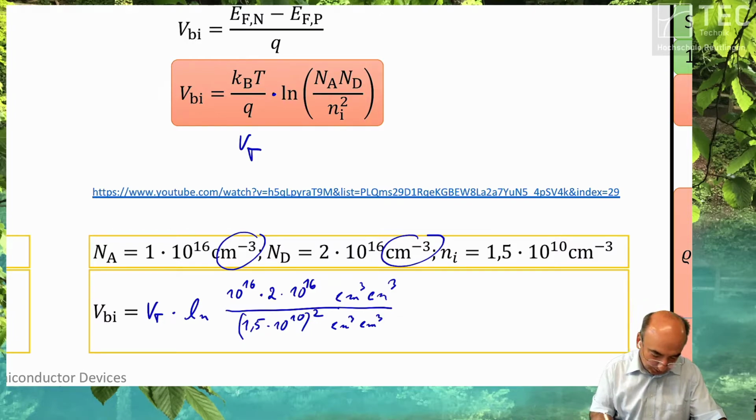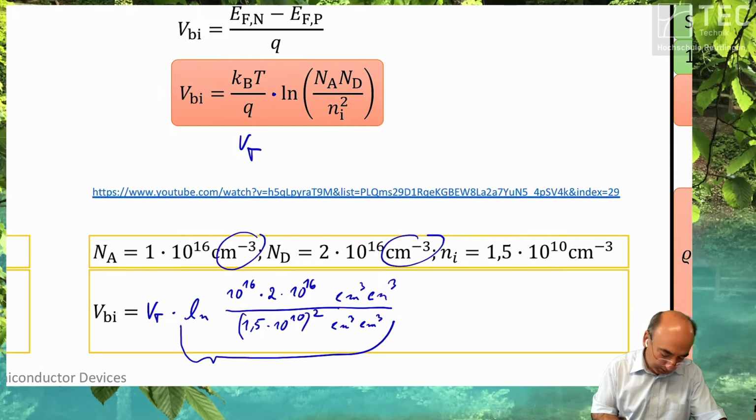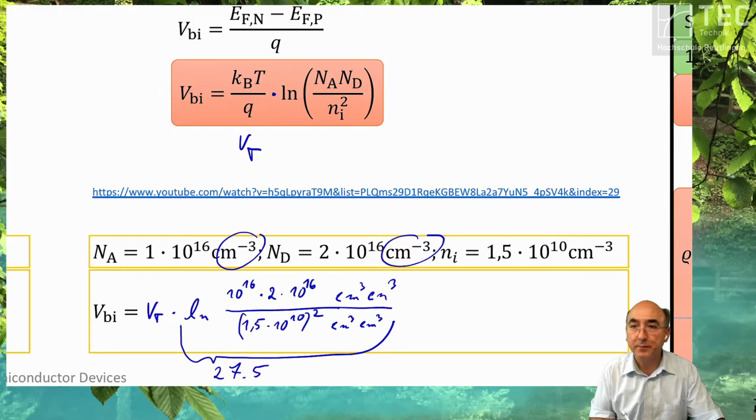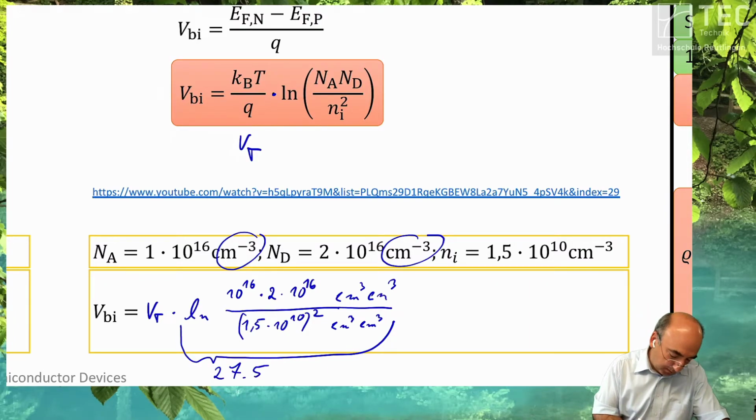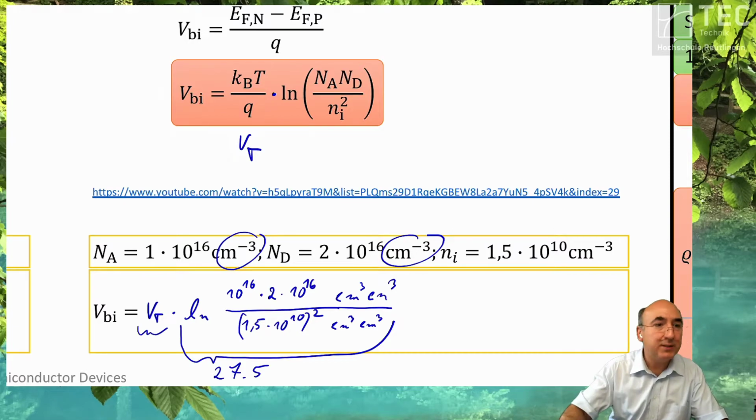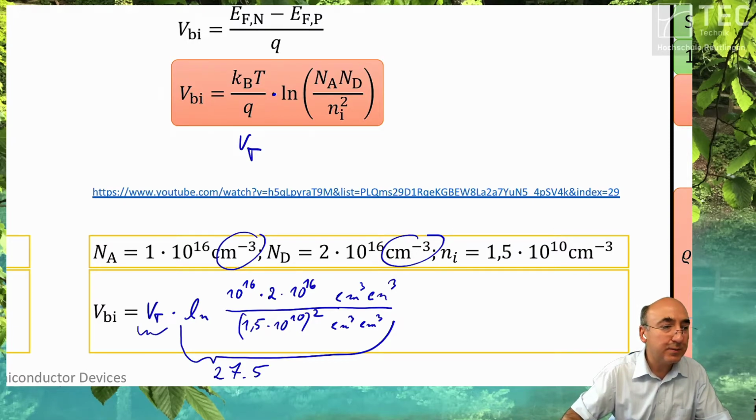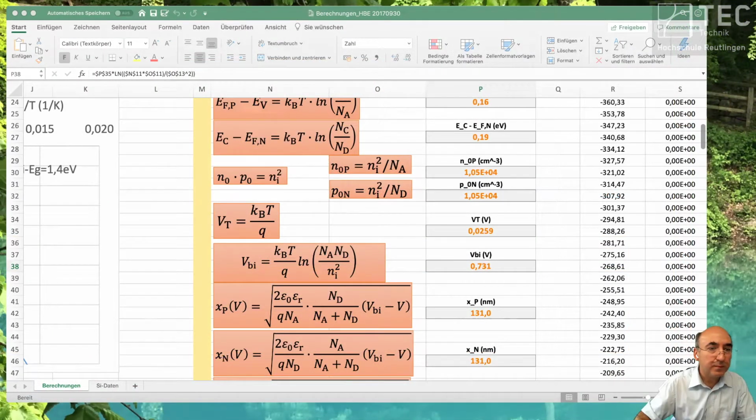And it comes out that this natural logarithm value is 27.5. And this VT is 25.9 millivolt.